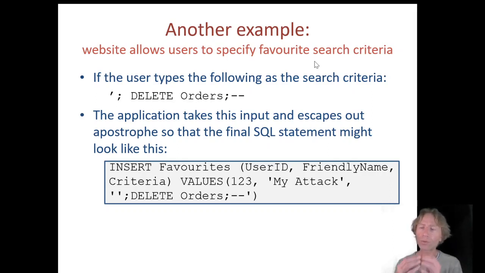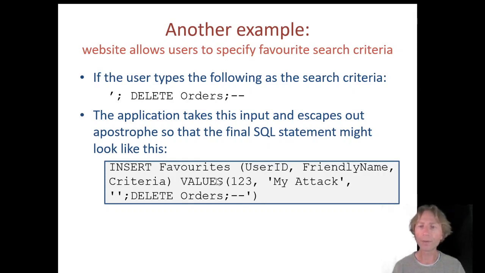Now, what we are going to assume is that there is a possibility of a second order SQL injection. So what the user will do is type as the favorite search criteria, tick semicolon delete orders semicolon dash dash. The application looks at the input and it's not stupid, so it escapes out the apostrophe, so that the SQL statement that it will use will look like insert favorites, user ID, and then there's a friendly name, for instance, Herbert or so, and then the search criteria.